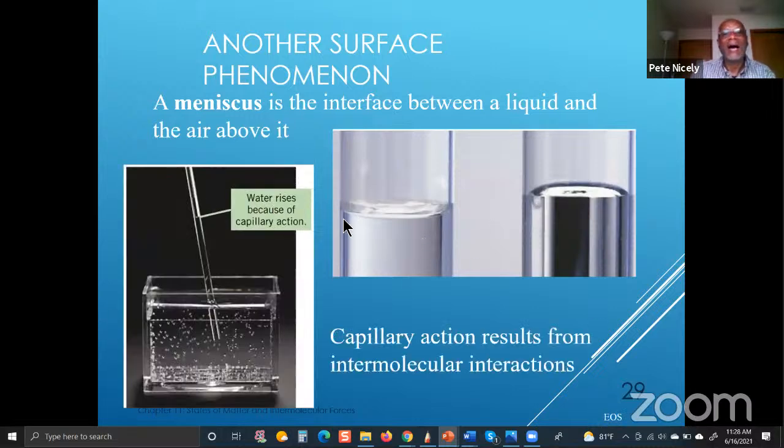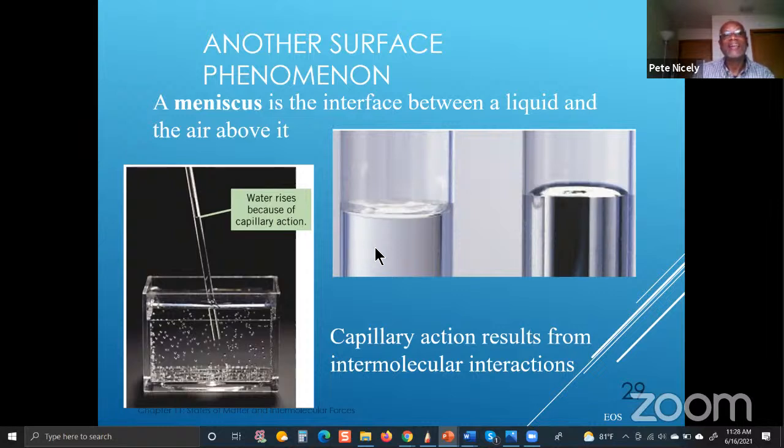Okay, so the reason why I mentioned adhesive and cohesive forces is because that's important to understanding why a meniscus, like if you pour water in a graduated cylinder, has a curved shape like this, an upward curved shape, right?